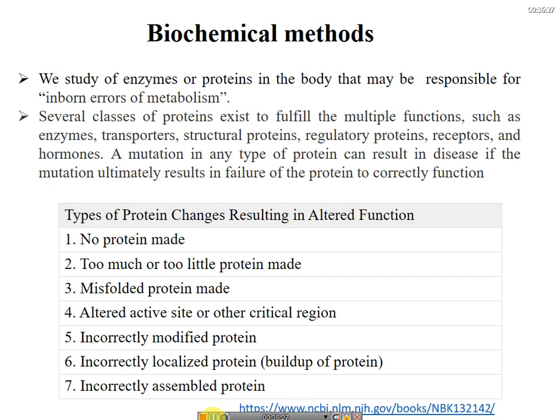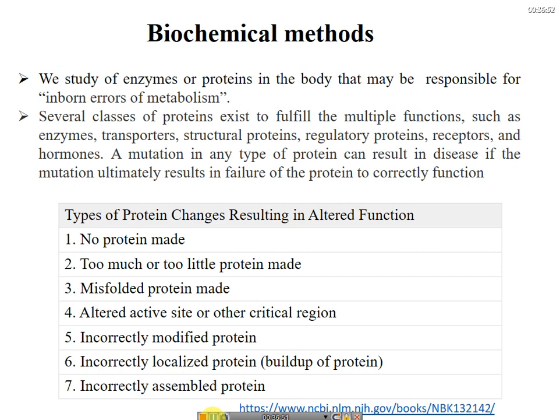So a mutation in any type of protein may be deleterious if the mutation affects the functionality of the protein, right? Different types of changes can occur in the protein concentrations, like if some protein is not made at all, or too little protein is made, or even sometimes more protein than required is produced.